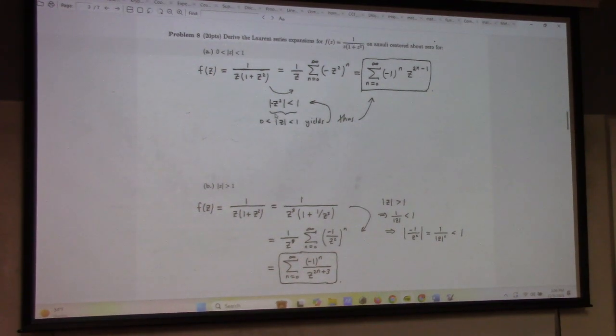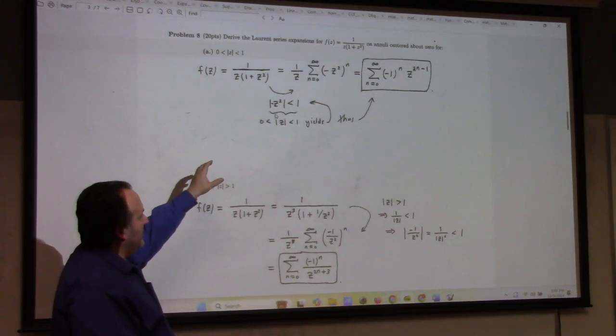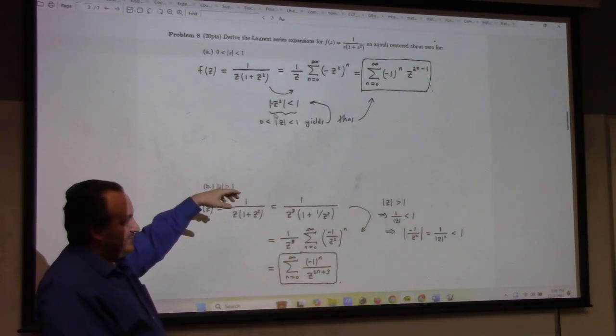The basic issue is you can only use the geometric series result in the context in which it is valid. And that context is that the ratio has to be less than 1 in magnitude. So within the unit circle, my z squared being less than 1 is given to me because I'm within the unit circle, where the modulus of z is less than 1.